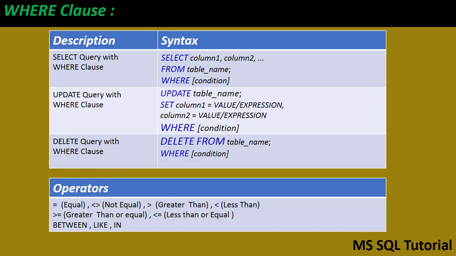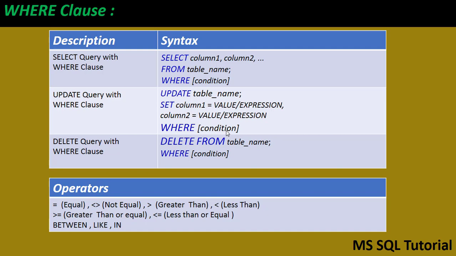Next, we have the UPDATE query with a WHERE clause. UPDATE table name, SET column1 equal to a value or expression, column2 equal to a value or expression, WHERE the condition that I'm going to use. I want to update the table, so the table name is tbl_person.